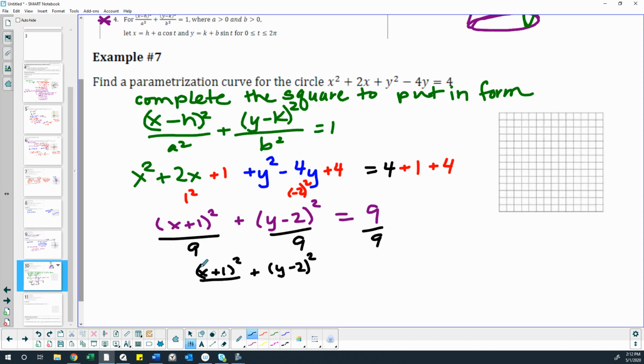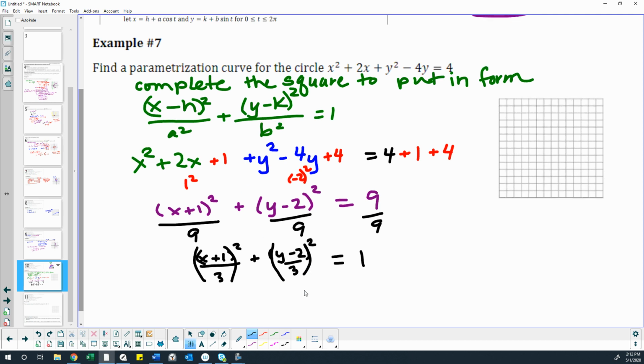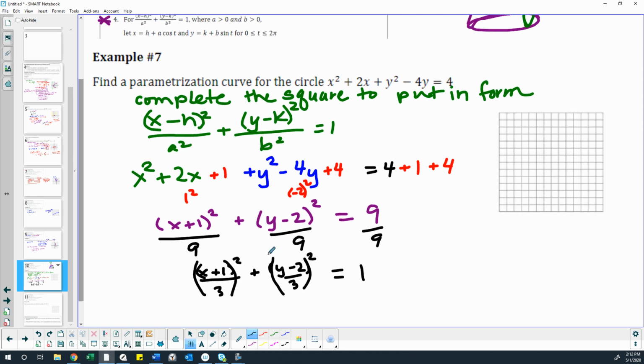Over 3, we can just put the squared on the outside of that. And then this would be 3, because 9 is 3 times 3, right? Does that make sense? Is anyone lost in what I did just now? I'm trying to make it look like this. Maybe I didn't need to separate out the squares like that.